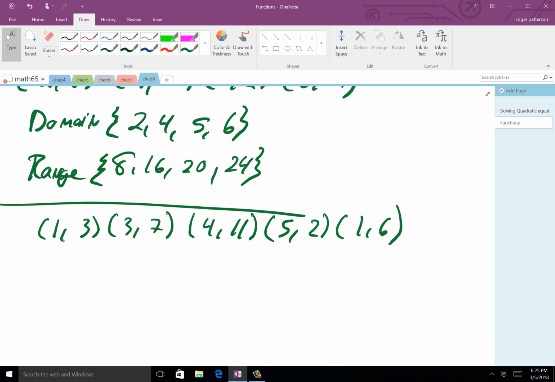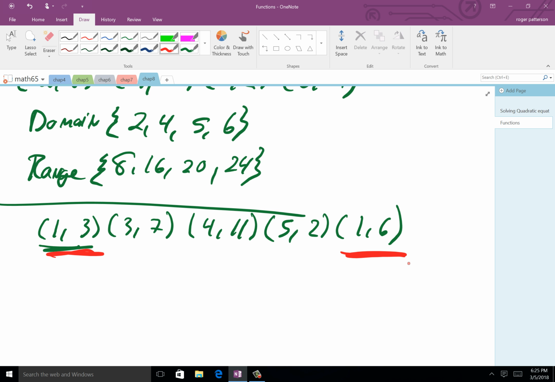Notice right here, and right here. What's going on with the 1? It's going to the same number. This shows up twice, and it goes to 3 and it goes to 6.